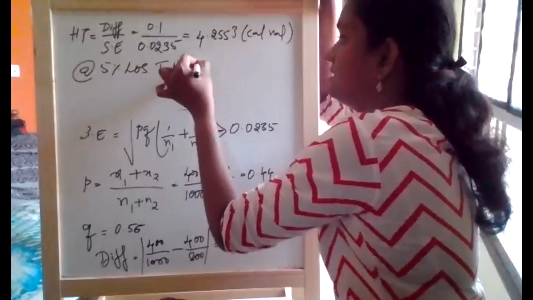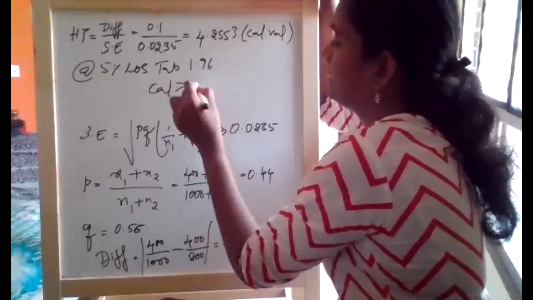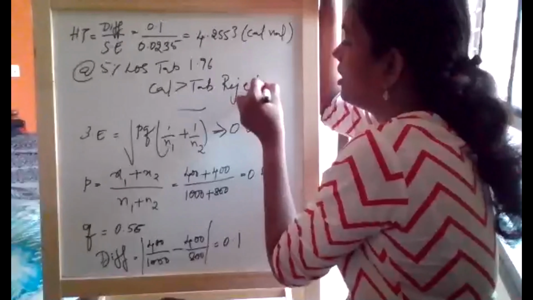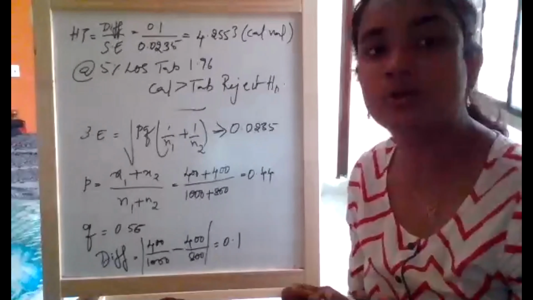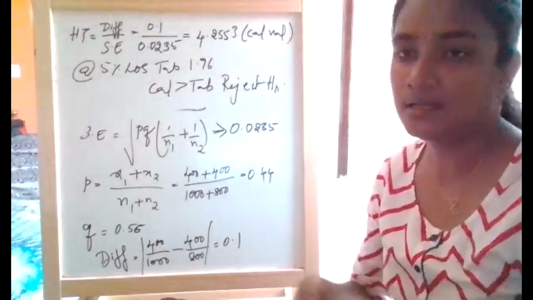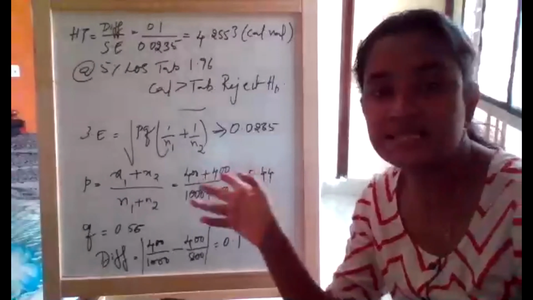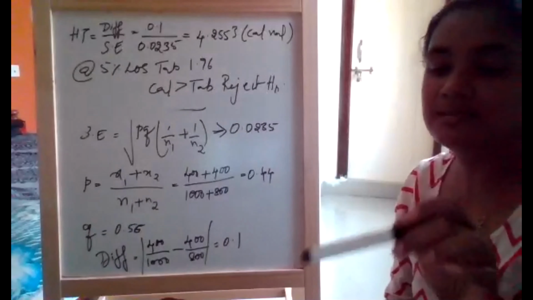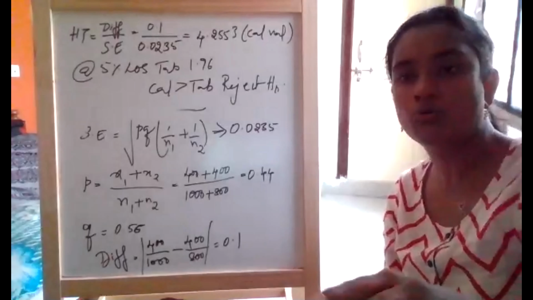The tabulated value is 1.96. The calculated value is greater than the tabulated value, so reject H0. When rejecting H0, we conclude the opposite statement: there is a significant difference in the consumption of wheat in town A and town B. We took no significant difference as the null hypothesis, but it got rejected.